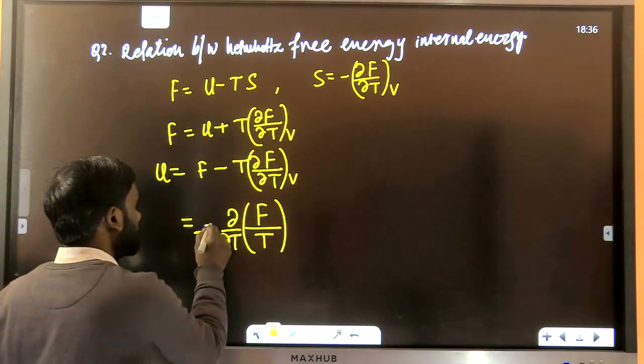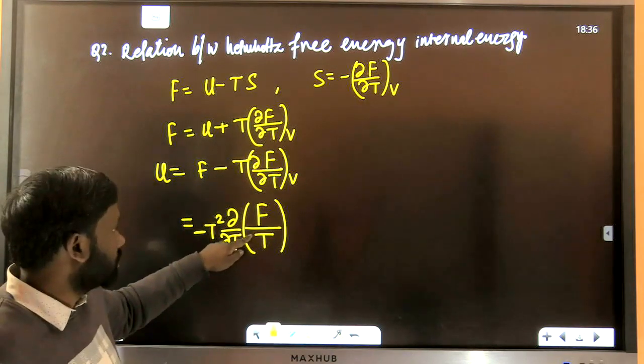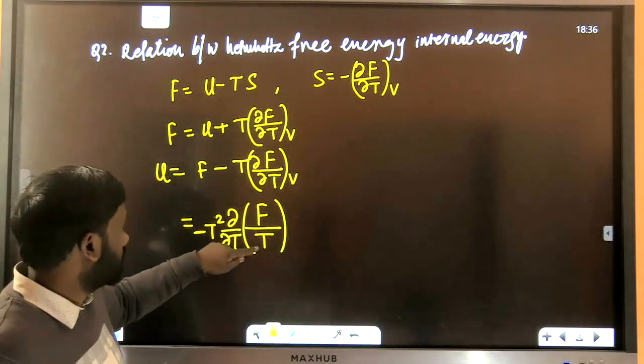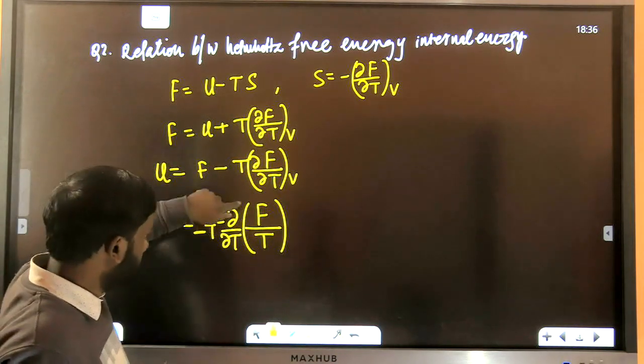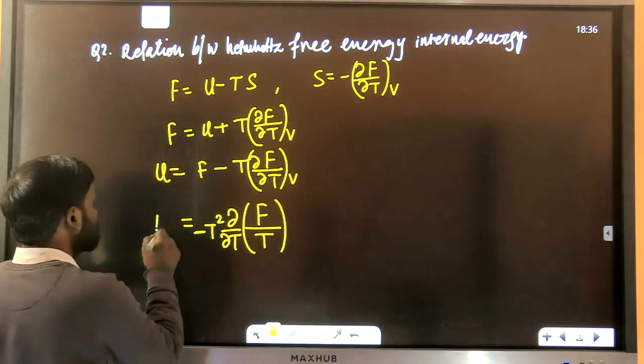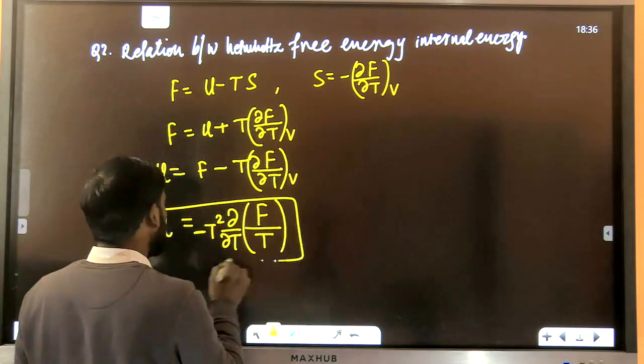So let's multiply by T². Now you check: if you differentiate 1/T, you get minus 1/T², and the T² cancels out, so you will get F here. So if you differentiate this relation, you'll get back this one. So U will be equal to this much. So that's the relation between U and F.